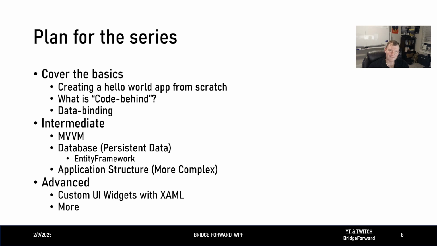And then for the advanced topics, the first thing that came to mind was developing custom widgets. Now, what I mean specifically is there's a lot of built-in widgets that you get with WPF in XAML. You get text boxes and buttons and radio buttons and lists and all kinds of different things, and tabs and windows and everything.